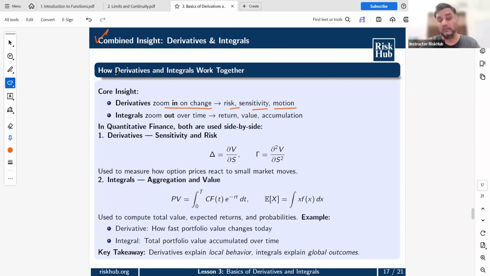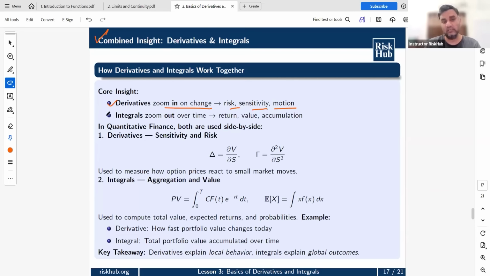They measure instant variation and instant reactions. Examples in finance: delta, sensitivity to price; gamma, sensitivity to delta; vega, sensitivity to volatility. Delta is ∂V/∂S, and gamma is ∂²V/∂S². These measure local sensitivity, how the option price reacts to small market movements.